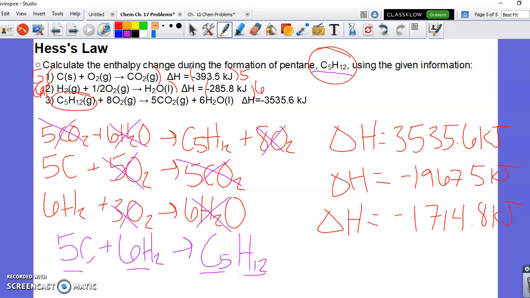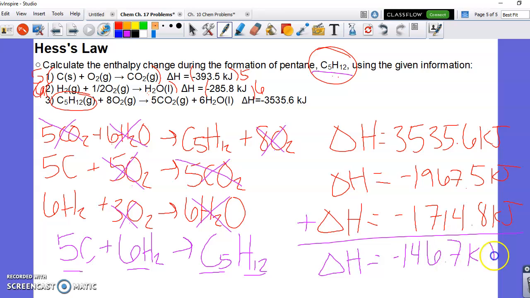I have 12 hydrogens there. Everything should be good, which means I can add up all of my enthalpy changes. And when you add all of those up, the enthalpy change for our reaction is going to be negative 146.7 kilojoules. Again, for sig figs, it goes by decimal places, so I should have one decimal place, and I do. So I should be good to go.